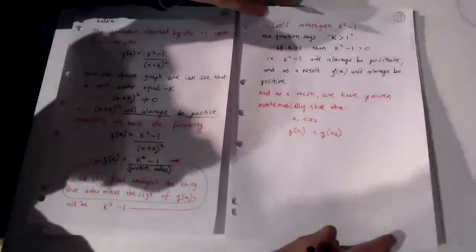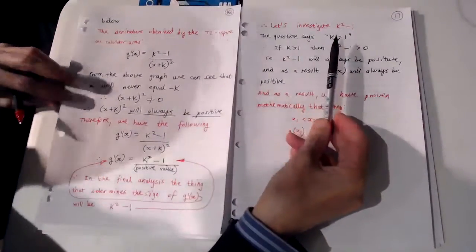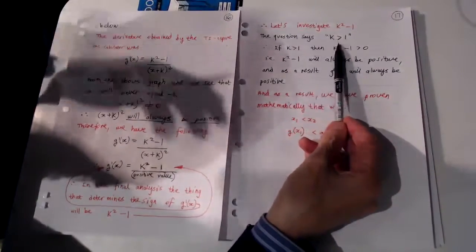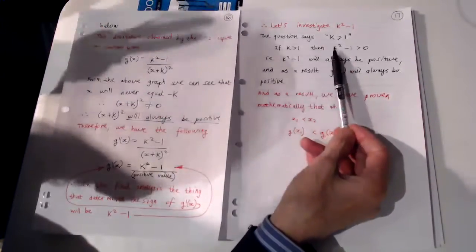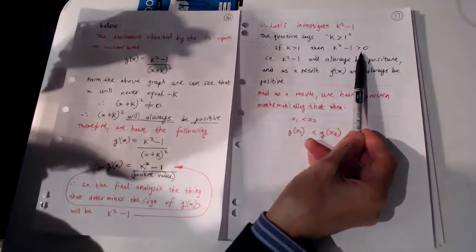So let's investigate k squared minus 1. The question says k is greater than 1. Therefore, if k is greater than 1, then k squared minus 1 will also be greater than 0.